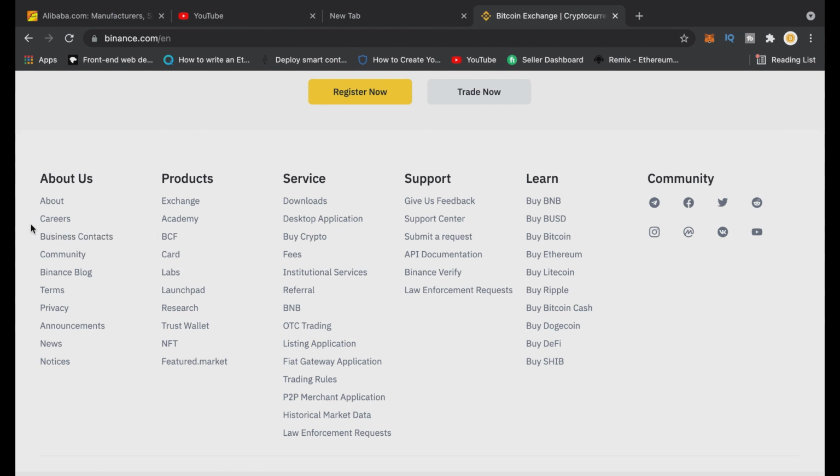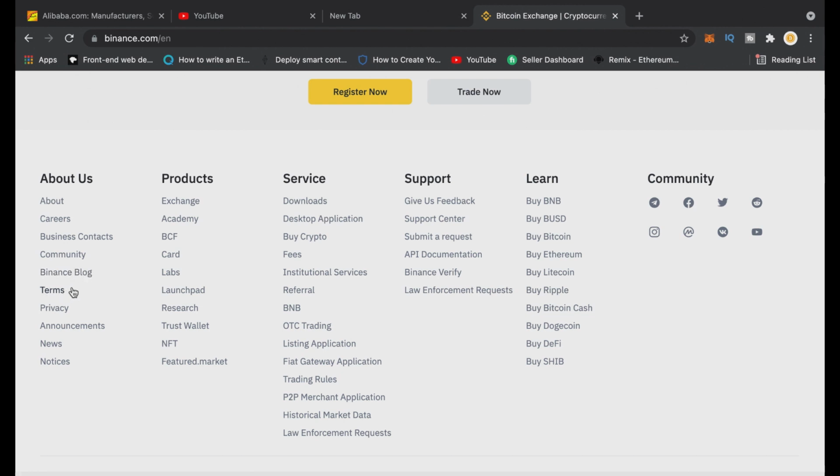Business Contacts is where you can apply to be listed on Binance if you want to list your project. The Community has some of the Telegram channels and groups. Binance also has a blog where they send weekly news and give information.